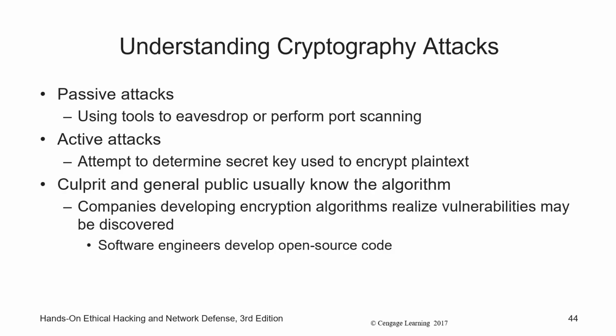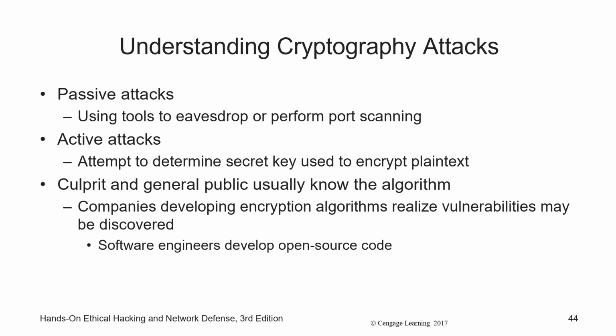All right, when we look at cryptography attacks, you have either passive or active attacks. Passive attacks involve using tools to eavesdrop or perform port scanning, and active attacks attempt to determine what the secret key is to encrypt plain text or decrypt text. The culprit and the general public usually know the algorithm, right?